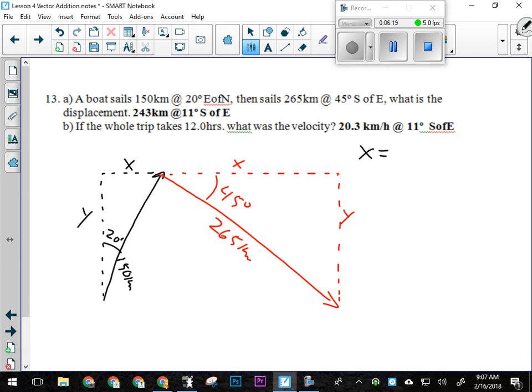Okay, so black x is my opposite side, so it'll be the sine of 20 degrees times 150. Black y will be the cos of 20 times 150. That's the one I'm most concerned with.